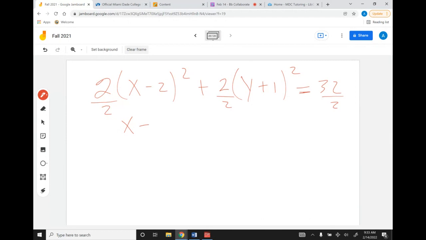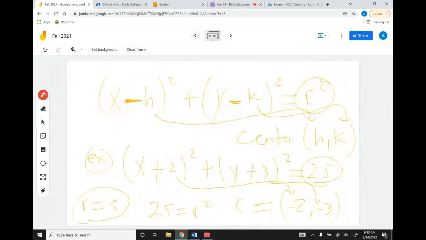And so what do we have now? There it is. You see? Now what's the center? The center is going to be 2 comma negative 1. What's the radius? Once again, it is 4. And then you can graph it. Okay? So there you have something that is doable. Don't panic when you see this. This looks more difficult than what it is, but it's not.